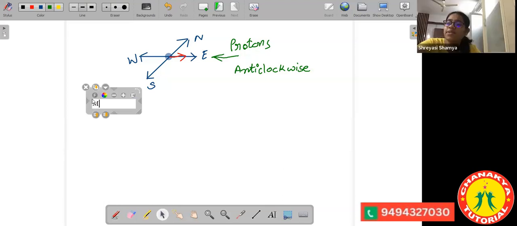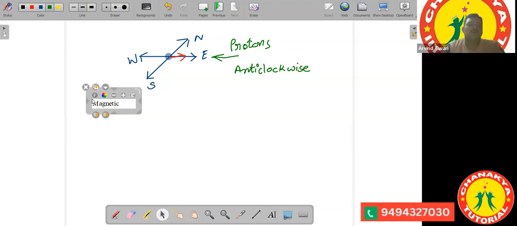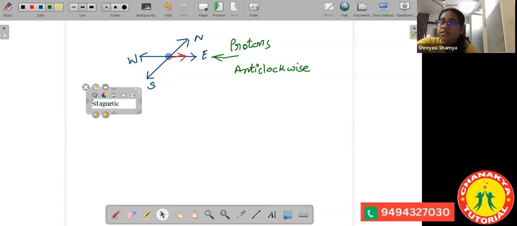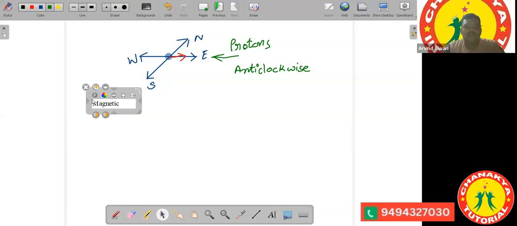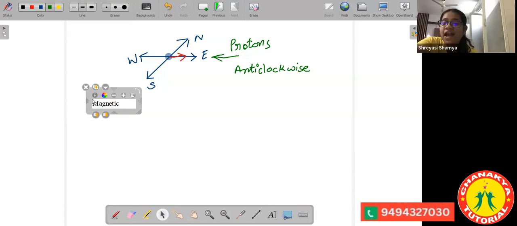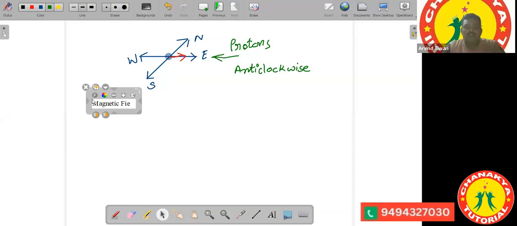Sir, can you explain how is it anti-clockwise, sir? Okay, in your room, who is asking this? Sir, Shreyasi, sir. Okay, Shreyasi, in your room, just turn your face towards east. Sir, I am facing east, sir. Okay, and suppose the current is coming towards you.